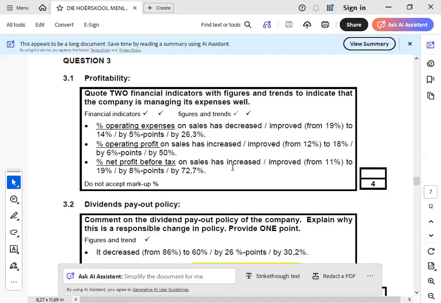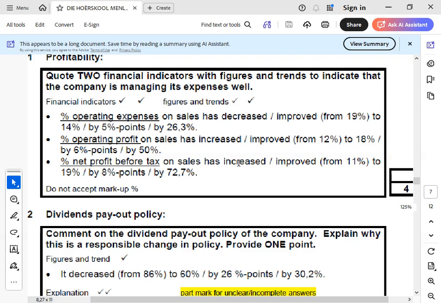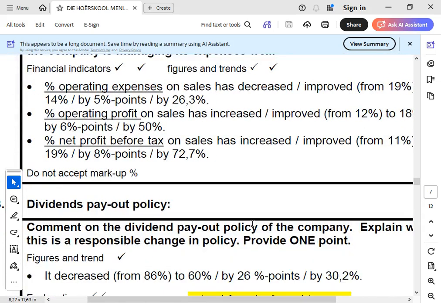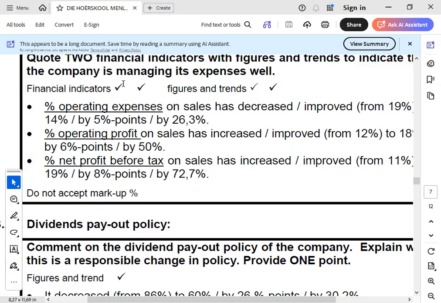So if I look here, can you see there they tell you? Indicators, there must be 2, so there's 2 ticks. So if you wrote percentage operating expense, percentage operating profit on sales, percentage net profit before tax, any one of those 3 would have earned you 2 marks, 2 out of that 3.